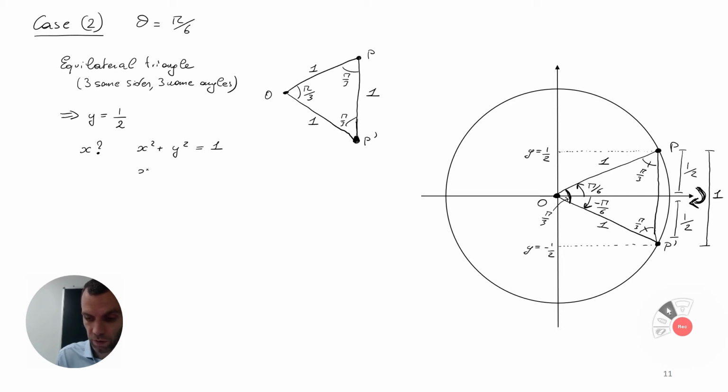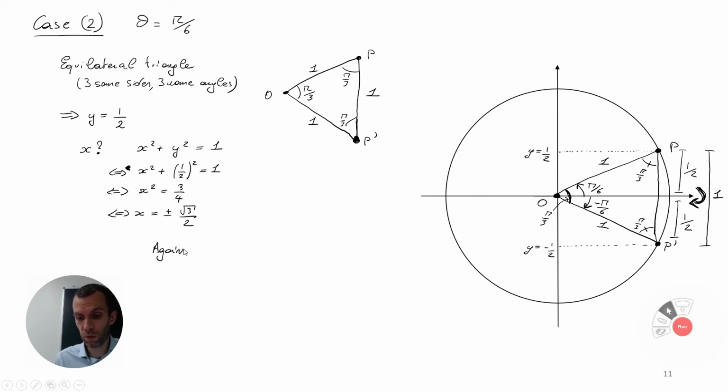We plug in the value for y. You simplify that a little bit and you get 3/4 here, and x is plus or minus square root of 3 divided by 2. Again, we have two solutions when we look at the algebra, but only one is going to survive.